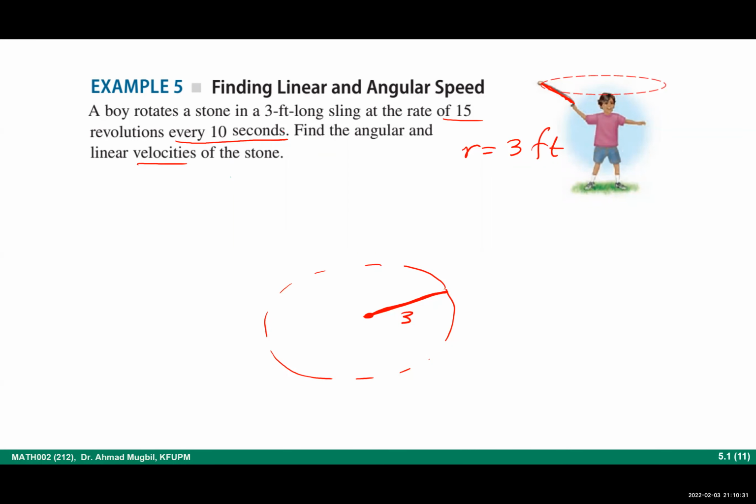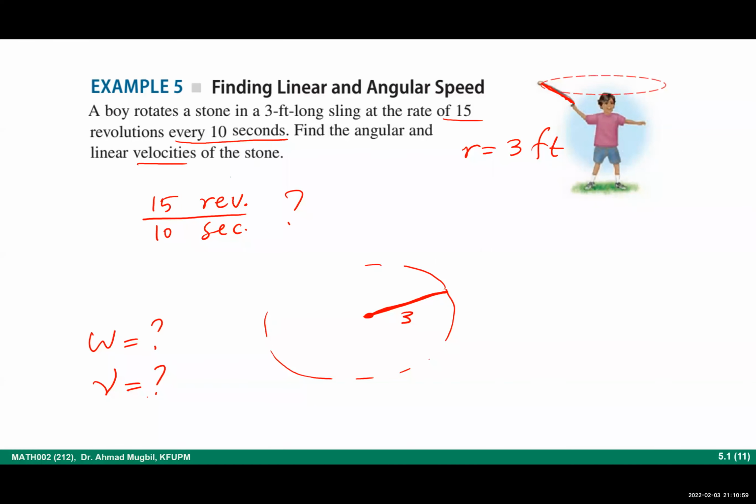Now, what is this? 15 revolutions every 10 seconds. Let's write it shortly like this: 15 revolutions per 10 seconds. The question is, what is omega?